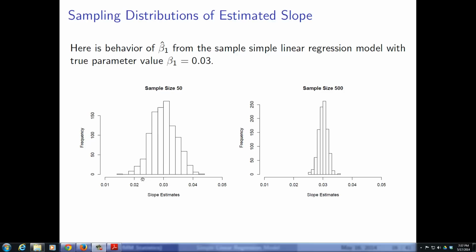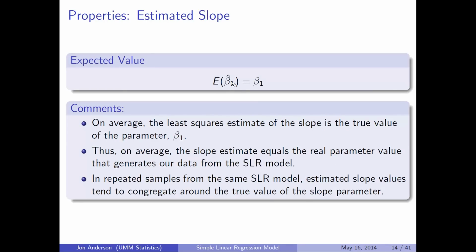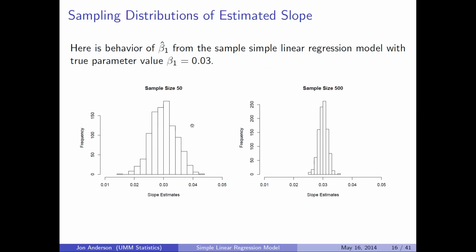You'll notice that they tend to gather around the truth. That is not surprising. That is what I said would happen right here. That is what it means that estimated slopes from different random samples will on average equal the truth. And you'll notice you see that right here.